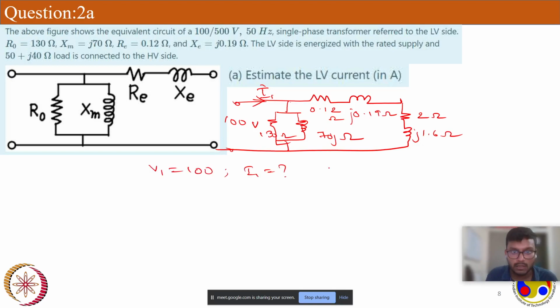Yeah. Now in order to calculate I1, let's say V1 is 100, I1 is equal to how much? If we know the input impedance Z1, I1 will be V1 divided by Z1. Now what is Z1?